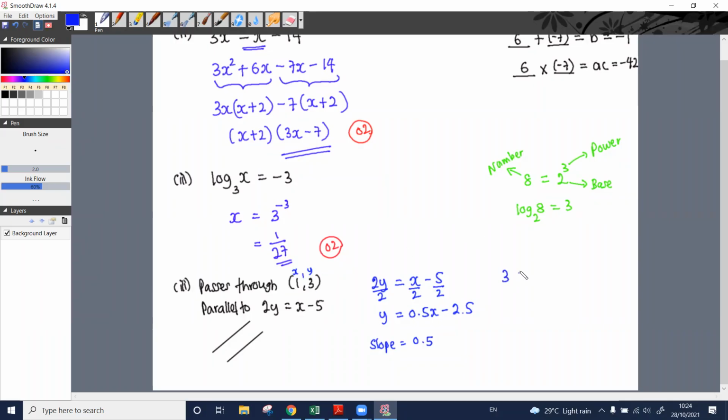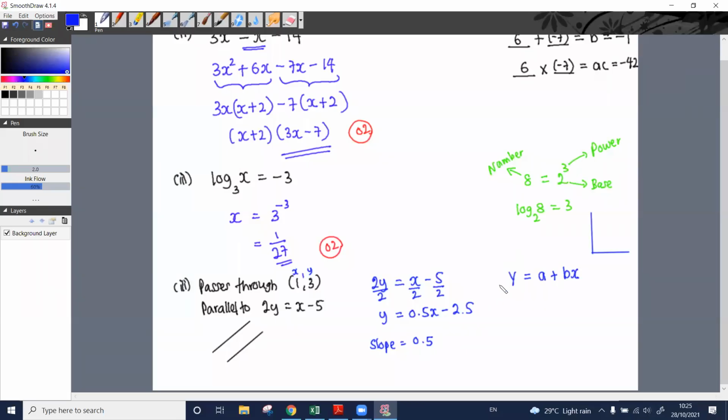It means 3 equals, I will take the formula of a straight line, y equals a plus bx. What is the formula of a straight line? a is the intercept. The slope is positive, so should the line move upward or downward?